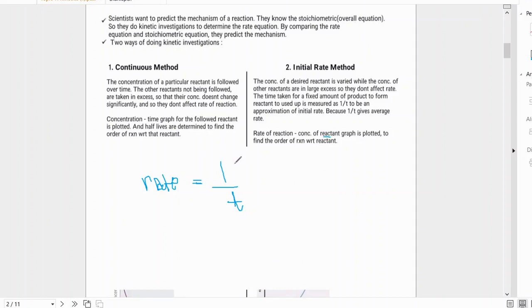So the numerator is fixed, because the amount of product formed that we are measuring the time of is fixed. So using 1 as the numerator is perfectly fine. So is using 100 or 1000. One advantage of using 100 by T as a measure of rate of reaction would be that it makes it easier for us to plot the graphs. So this is quite an easy concept to grasp here.